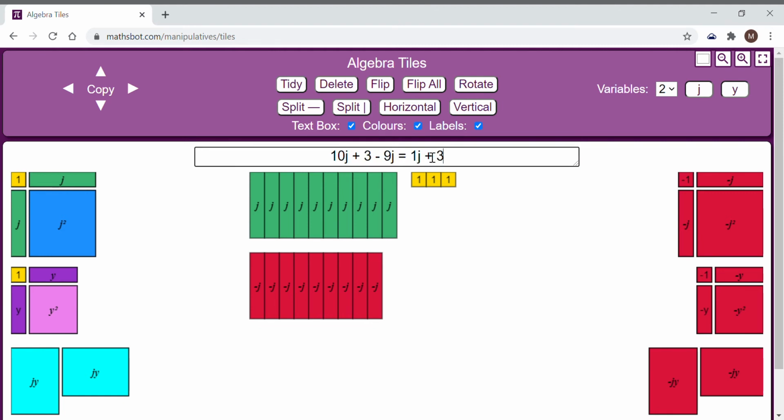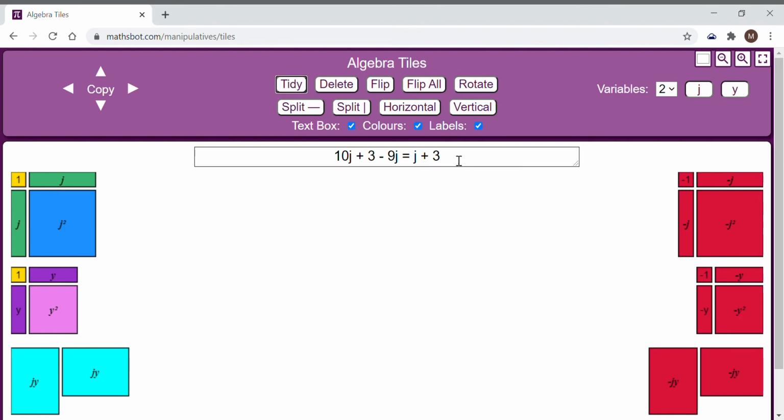And 1j plus 3 can be rewritten as j plus 3. It means 1j still. So once again, we built 10j's plus 3 minus 9j, and when you make 0 pairs, we're left with only 1j left over and 3 ones. So the answer is j plus 3.